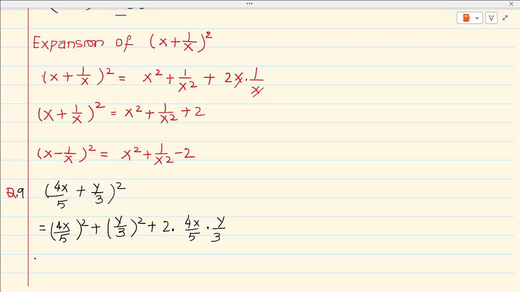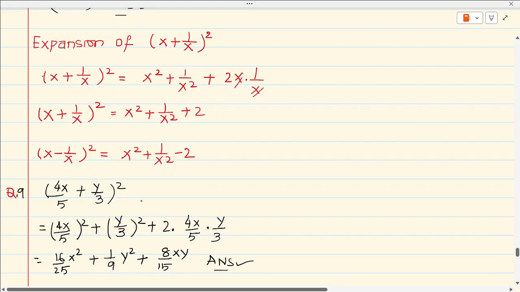Correct. So when you open this bracket, it will become 16 upon 25 x square plus 1 upon 9 y square plus 8xy upon 15. So this is the answer for question number 9.